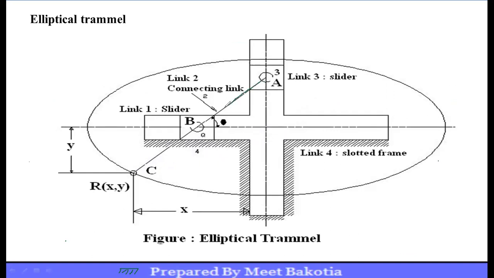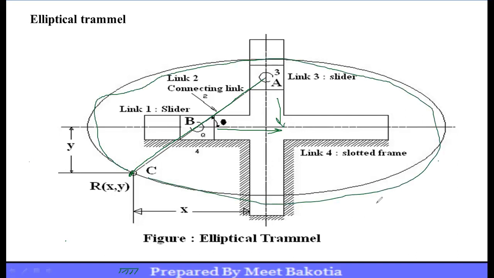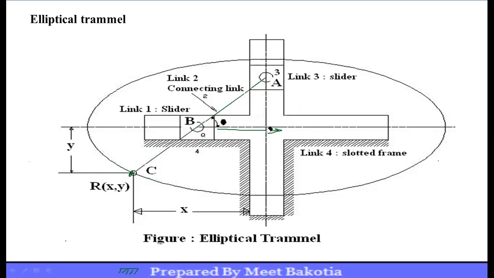Because in this coupler link or connecting rod, if I extend the end and put a pencil or a pen there, then when the sliders move, the path generated would be the path of an ellipse. Hence, it is called the elliptical trammel.